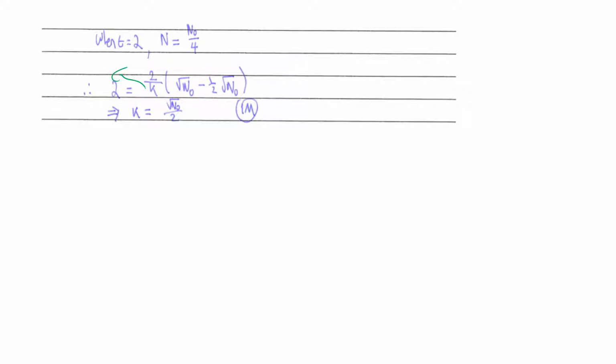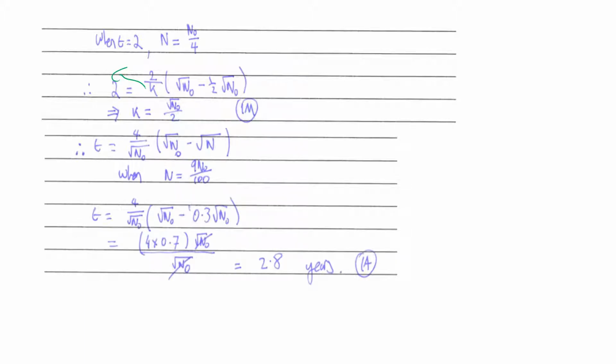Magnificent. We're getting very close to a final answer. So if k is equal to that, I make that replacement in my general rule for t. Remember, t was equal to 2 over k times the square root of n0 minus the square root of n. So I'm just making that replacement for k over here.